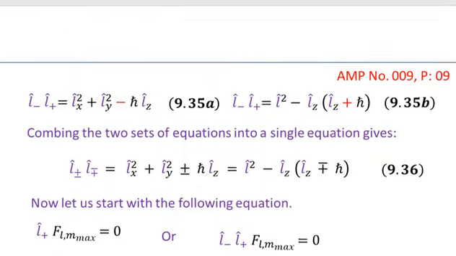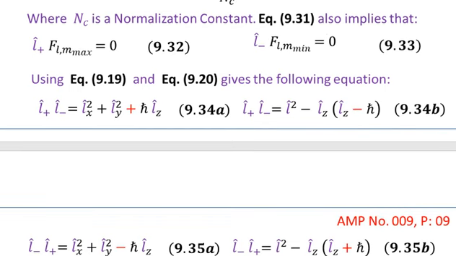So using these two equations, I can simply write equation numbers 34A and 34B. That is, L minus L plus can be written as Lx square plus Ly square plus h bar Lz. And the second equation is L minus L plus is equal to L square minus Lz times Lz minus h bar.